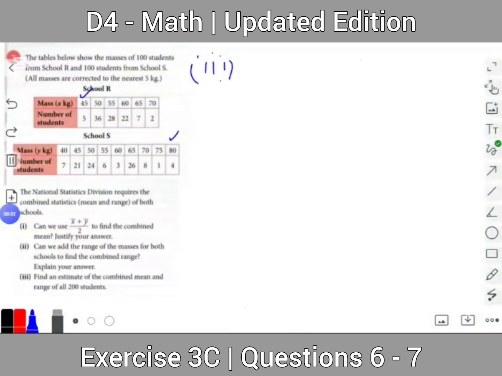3. Find an estimate of the combined mean and range of all the 200 students.